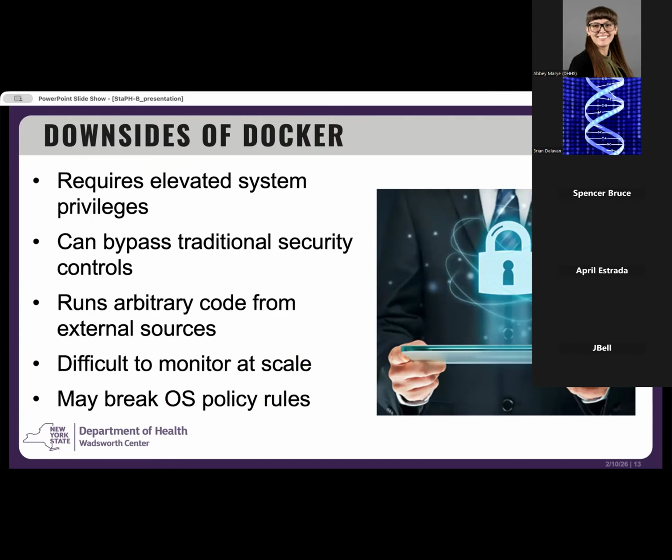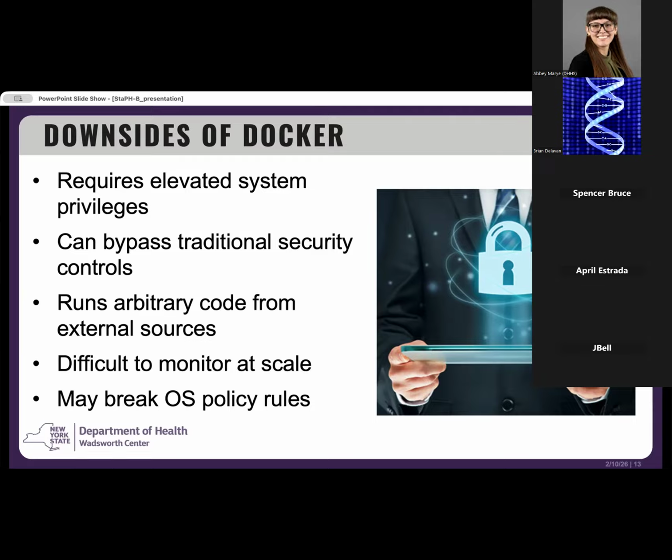So, the other side of this story is how it appears to our IT department and from an IT security perspective. Docker typically runs with elevated system privileges. From a security standpoint, this means container processes may have broader access to the traditional user-level applications.